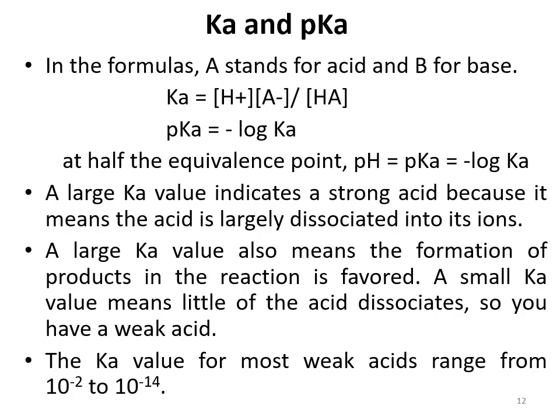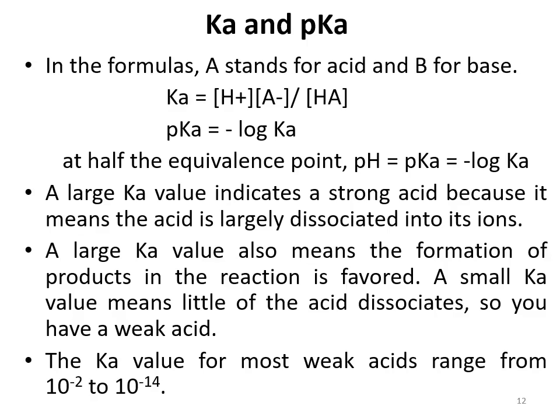So, again, the K value for most weak acids ranges from 10 raised to power minus 2 to 10 raised to power minus 14. The negative log of the K value will be the pK. The pK value gives the same information but in a different way. Strong acid, small pKa value; weak acid, large pKa value.